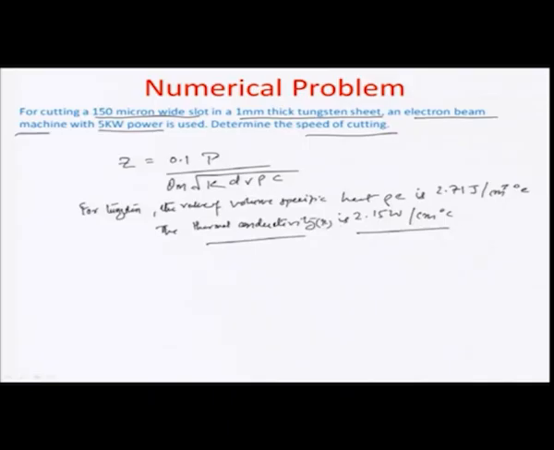And the melting temperature for tungsten is around 3400 degrees Celsius.